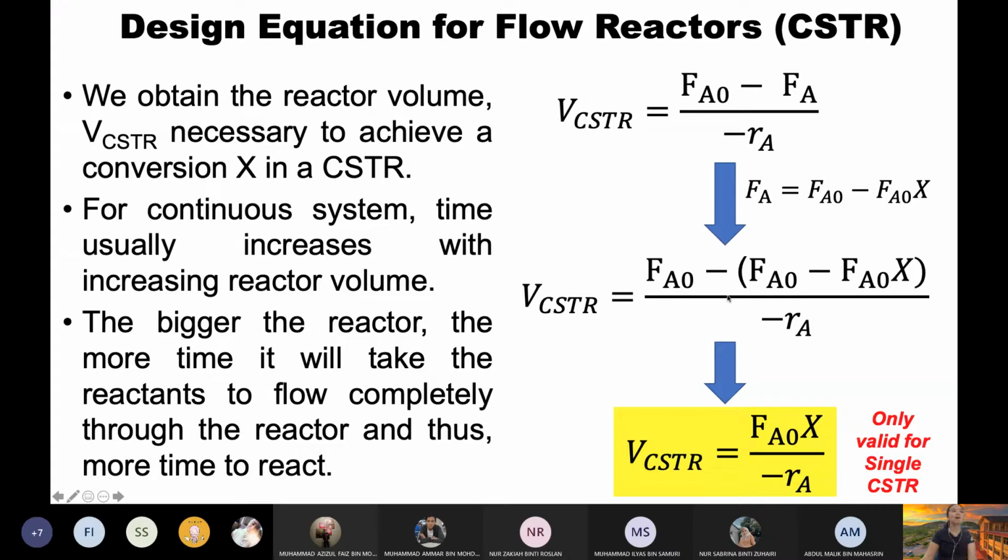So FA0 minus FA0 is 0. Then minus minus plus, you get FA0 X. FA0 is gone, we have taken out FA0, no more FA0. It remains with FA0 X per minus RA.